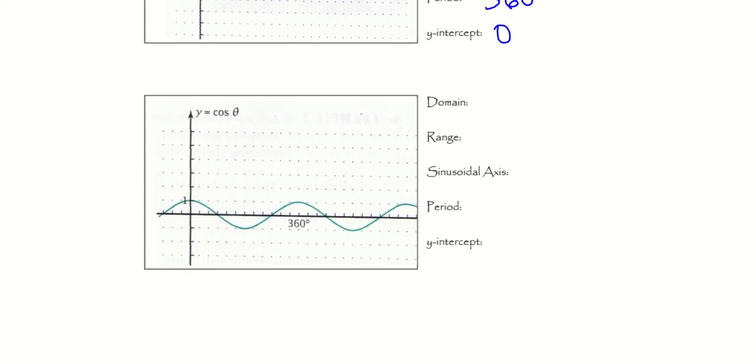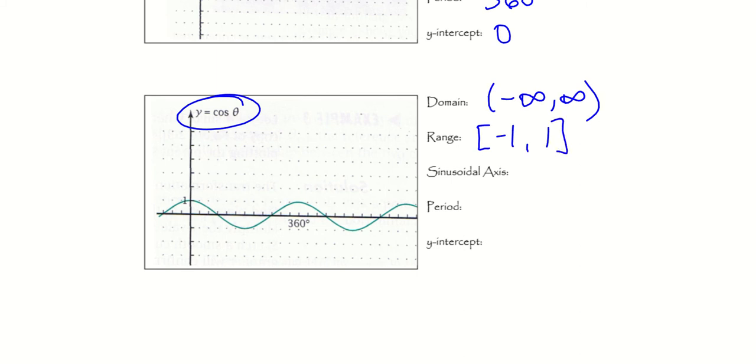Let's look at our graph of the cosine. So for y equals the cosine, it looks very much like the sine. It also has a domain from negative infinity to infinity and a range from -1 to 1. Its sinusoidal axis is also at y equals 0. And when we look at its period, at 0 degrees, this starts at the top of one of our umbrella curves, and it comes down, switches to a bowl, then comes back up to the other side of the umbrella, before it starts coming down and repeating what we saw at the beginning.